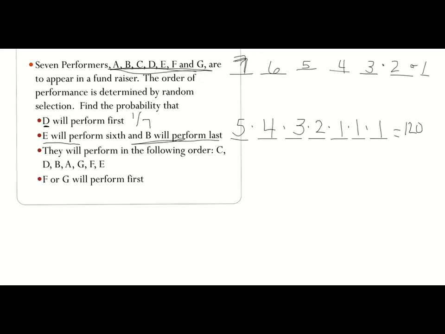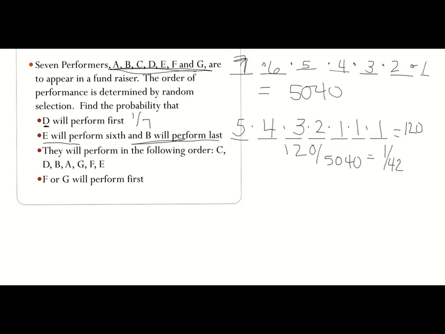We multiply all that, and we end up with 5,040. So the probability that E will perform 6th and B last will be 120 out of 5,040. If we simplify that, we get 1 over 42.